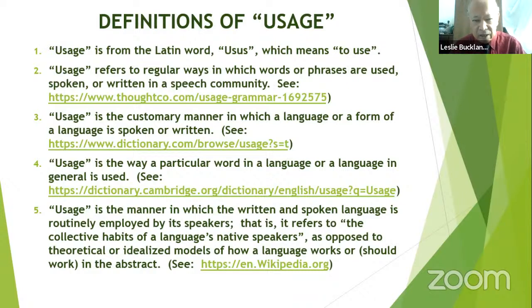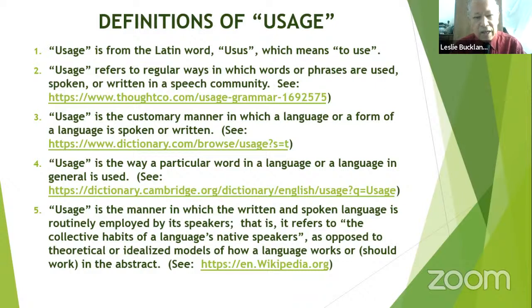What this is saying is that there is one school of thought that thinks that a grammar book should not tell people how to use a particular word or phrase, that is not an authentic record of how a particular word or phrase is used by a particular set of speakers.